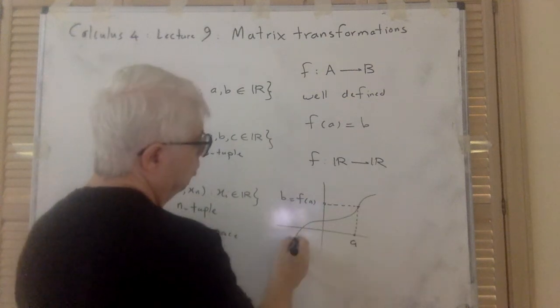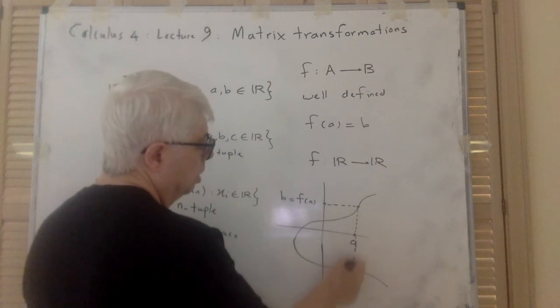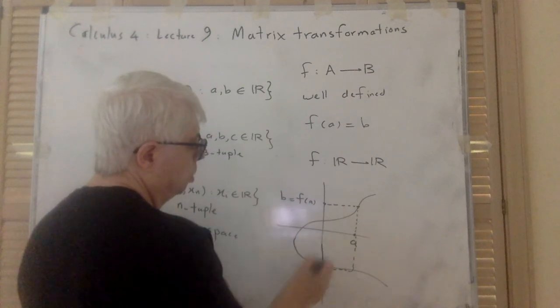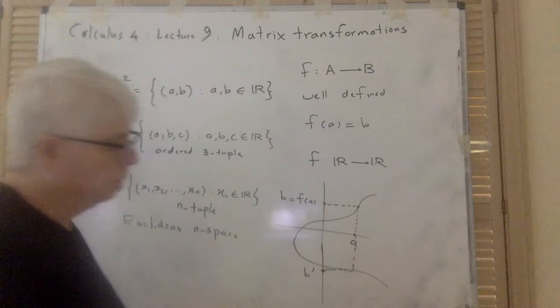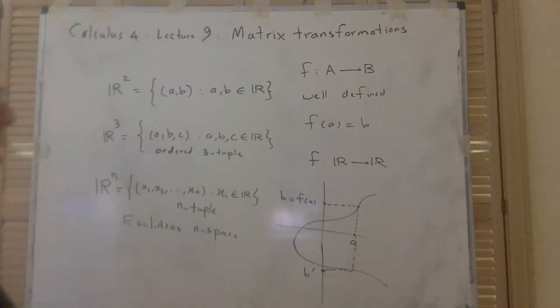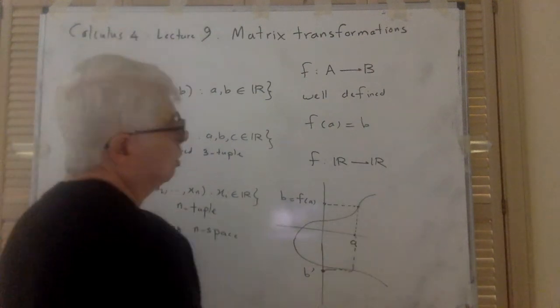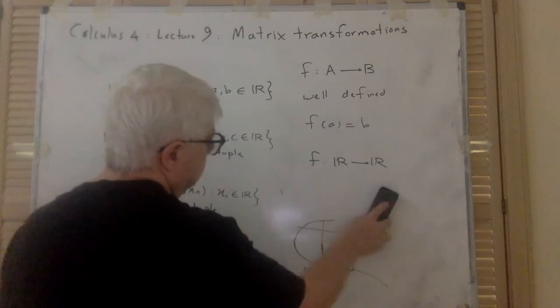So if a graph goes down like this, then f of A is either this or this, B prime. So that is not the graph of a function, and you know that from college algebra. That vertical line test, in fact, is another way of saying that this should be well defined.